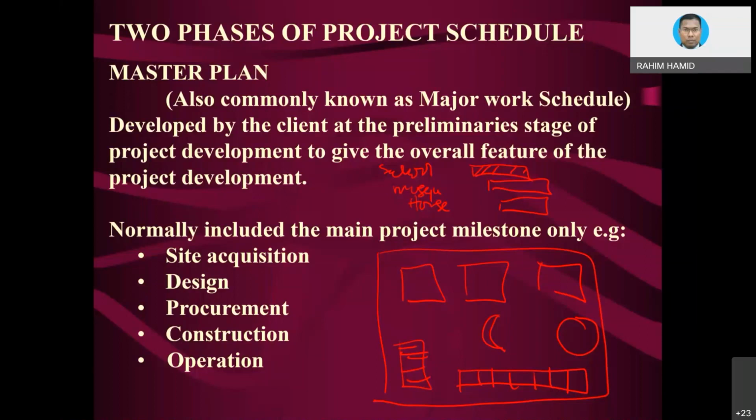Yeah, it consists of major items only. You do not show the detail. The good thing is that once we use the software, you normally input major items plus the detail. The detail, meaning let's say you want to show a school.